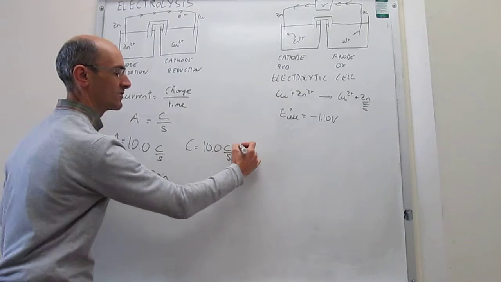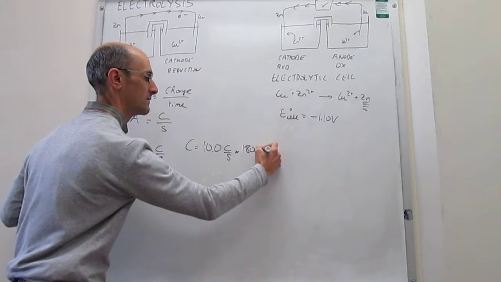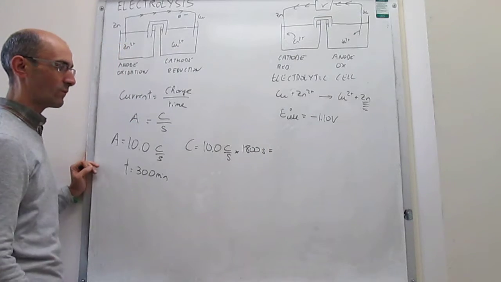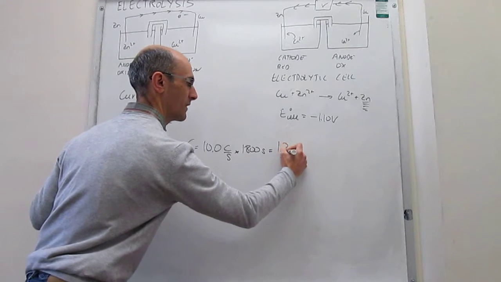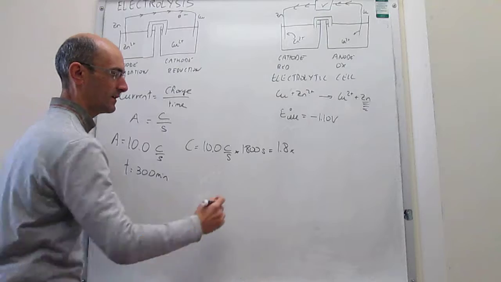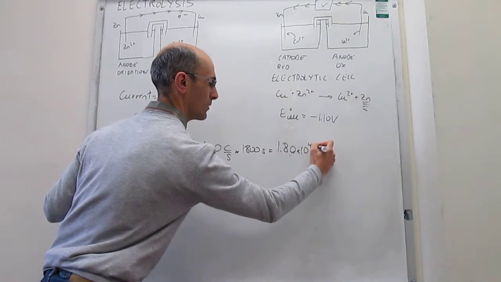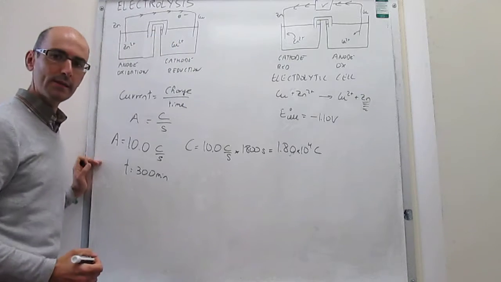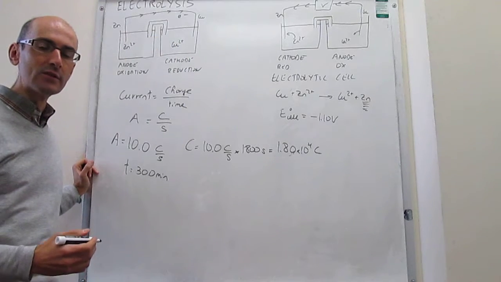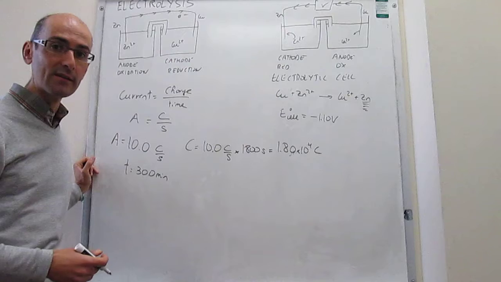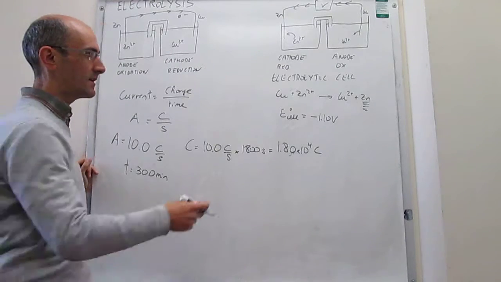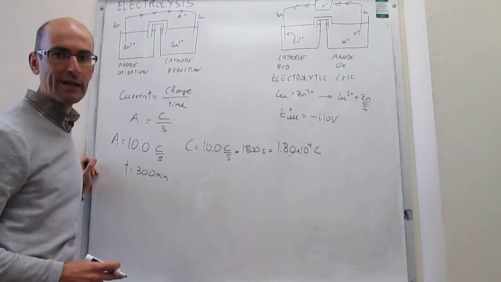In seconds, that is going to be 1800 seconds. Right? So when we do this, it turns out that the charge that we have supplied is 1.80 times 10 to the 4 coulombs. Now, this is charge, but we would like to relate this to electrons, ideally moles of electrons, because that is what intervenes in our stoichiometric calculations.